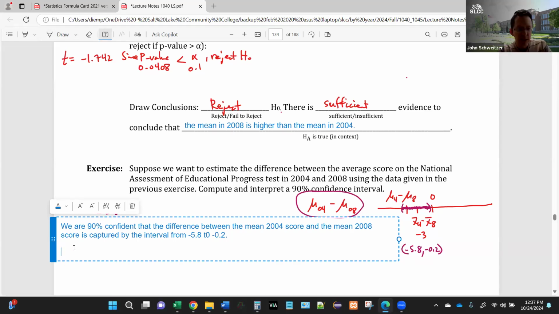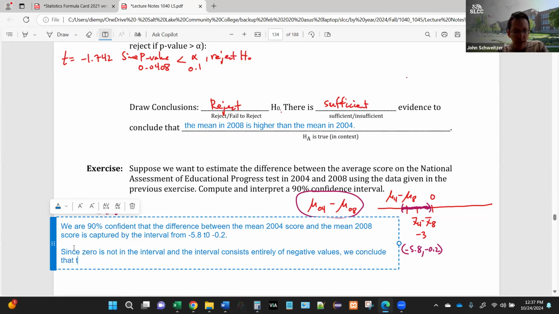The other thing we would say is, since 0 is not in the interval, and the interval consists entirely of negative values, we conclude that the mean score in 2008 is higher than in 2004.